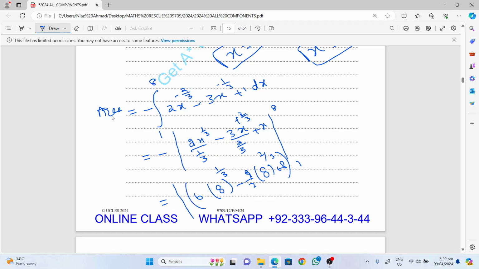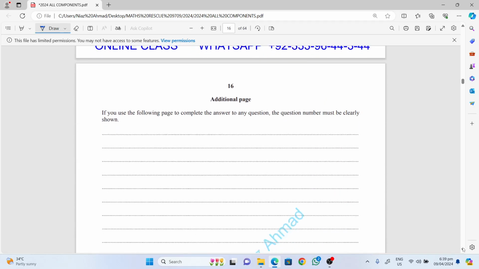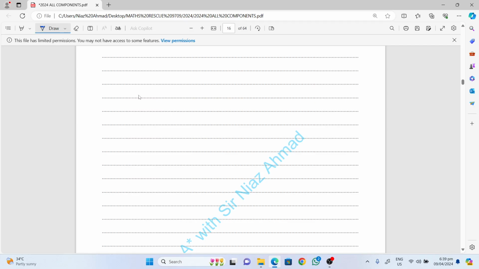This is actually the upper limit minus the lower limit. Lower limit will be like 6 minus 9 by 2 and plus 1. Grab your calculator over here. This is a calculation. So we are going to get the final expression for this. This is negative 12 minus 18 plus 8 minus 5 by 2, and if you solve this you will be getting your 1 by 2.